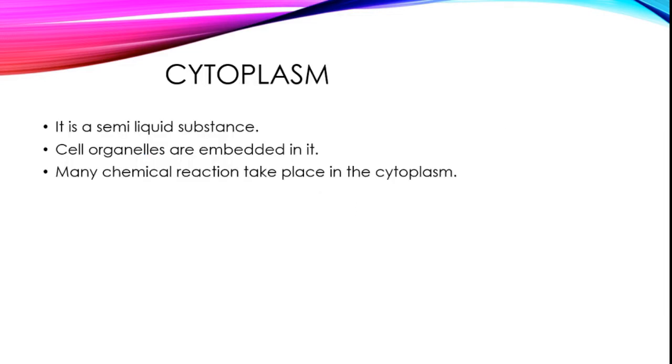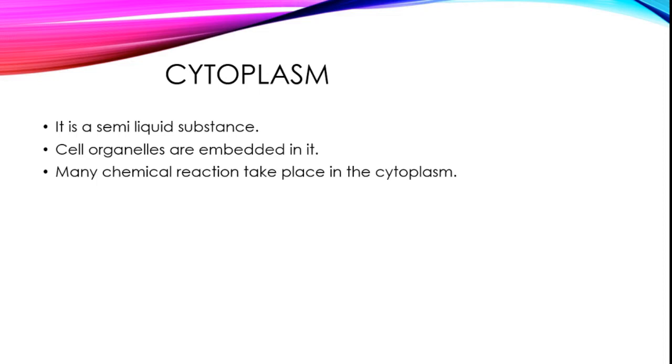Next we come to the cytoplasm. As I told you previously, it is a viscous, semi-liquid, fluid-like substance. All the cell organelles are embedded in the cytoplasm. So various kinds of chemical reactions take place within the cytoplasm.